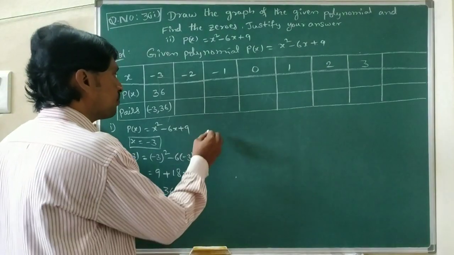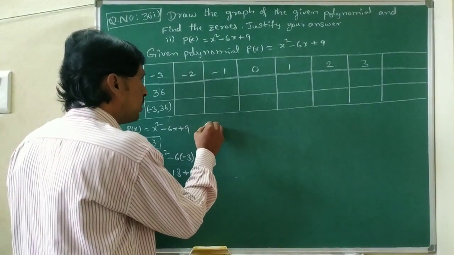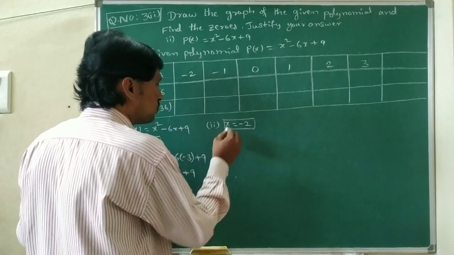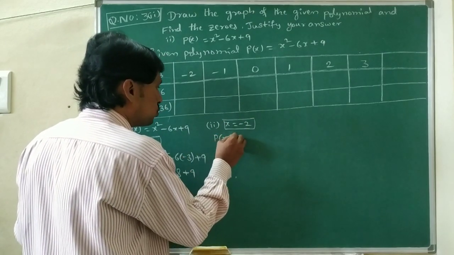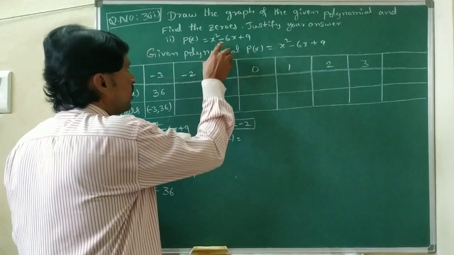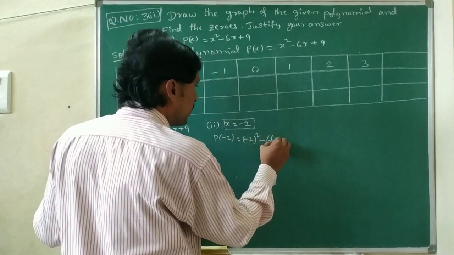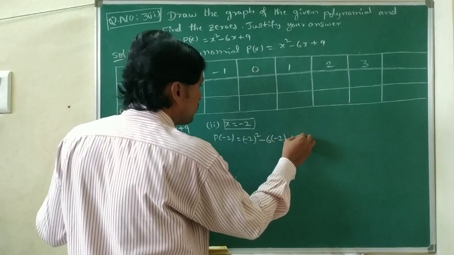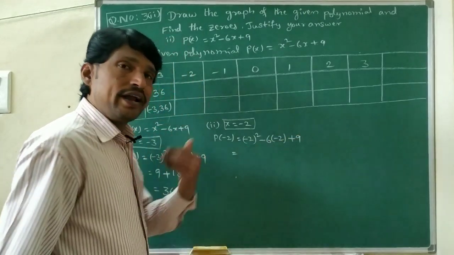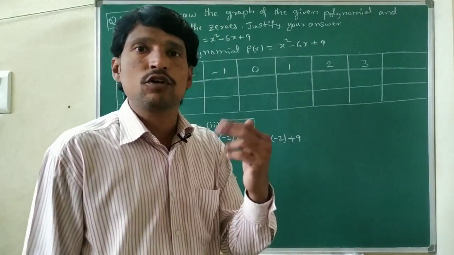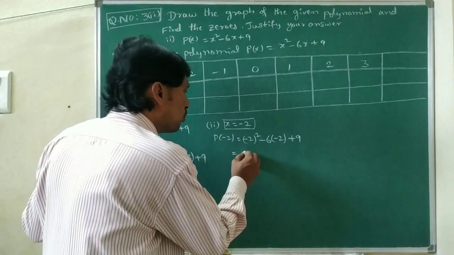Next I am taking x value as minus 2. x equal to minus 2. So p of minus 2 equals, here you can substitute, minus 2 whole square minus 6 of minus 2 plus 9. That equals minus 2 whole square, which means minus 2 into minus 2, minus into minus plus, 2 2s are 4.